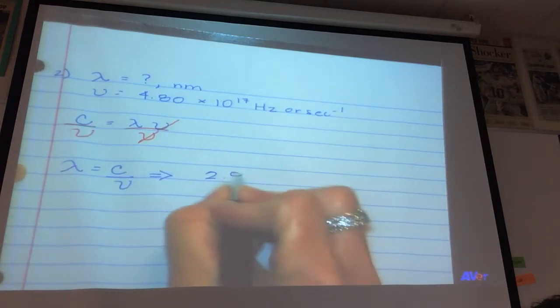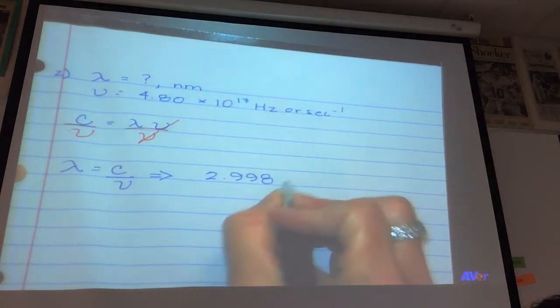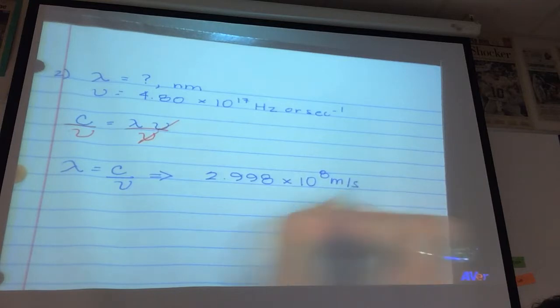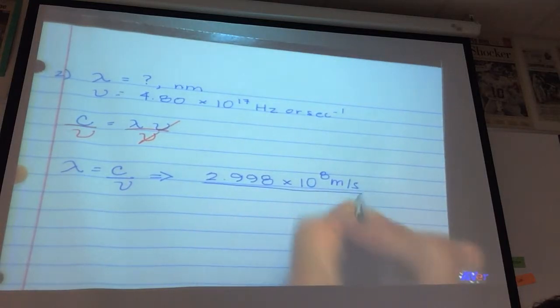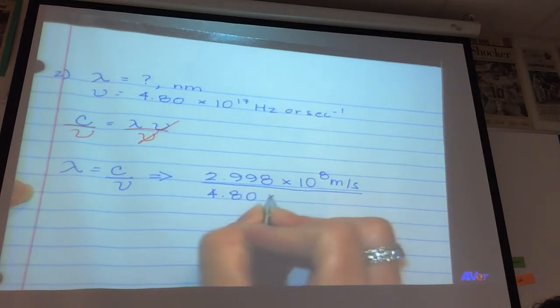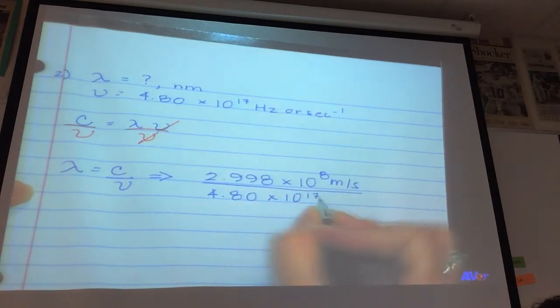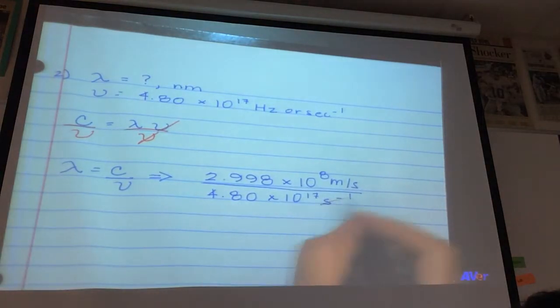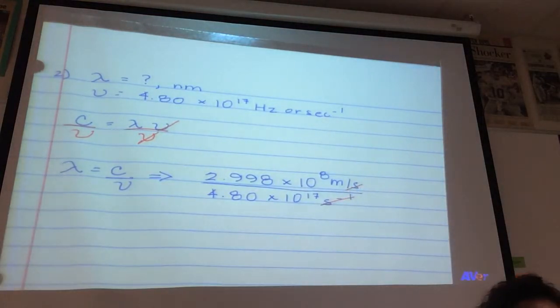The speed of light is a constant. The frequency is 4.80 times 10 to the 17. I said it's easier to do seconds to the negative 1 because you see the cancellation of those units.